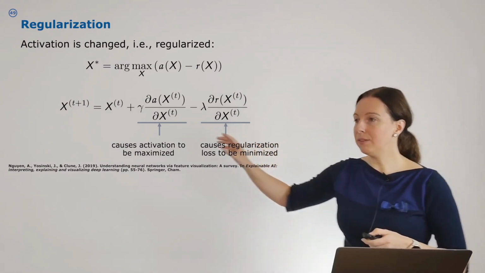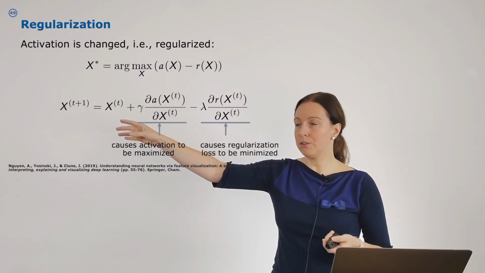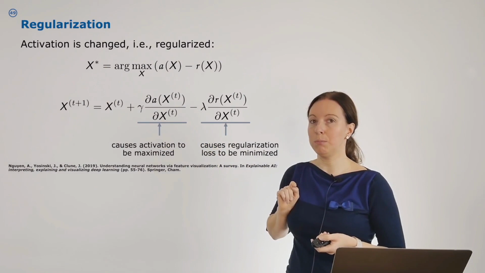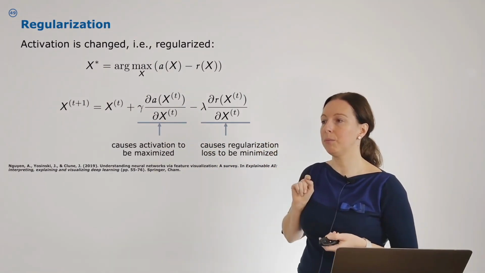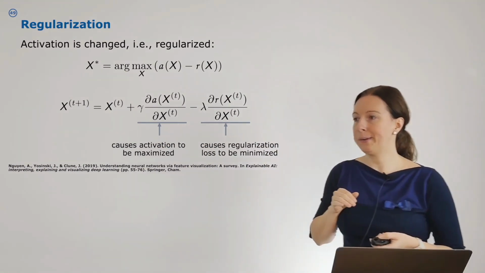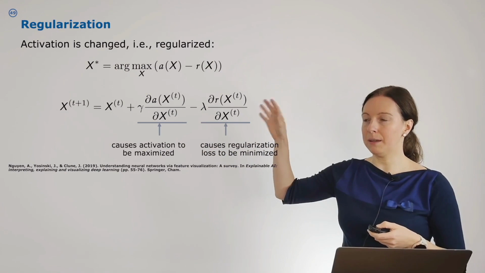What we have is X, which is the current input image. Then we have a term that causes the activation to be maximized, and then we have a term that causes the regularization loss to be minimized. So this is what we've done before, and this is a better guidance.